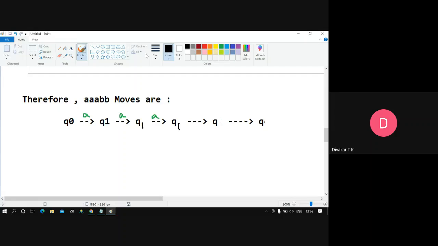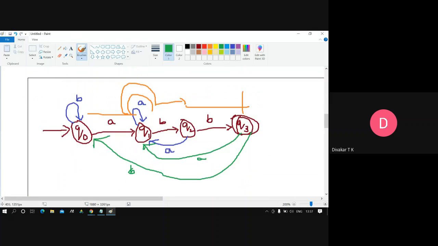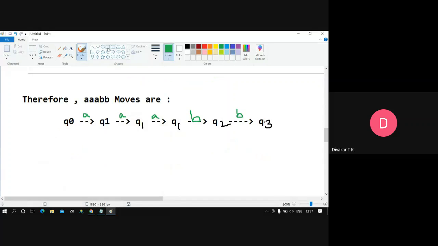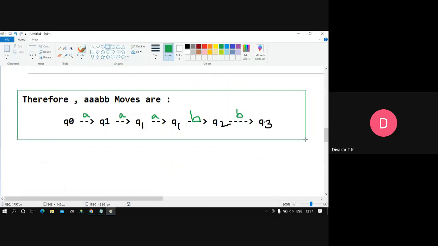That part you are supposed to understand. Now B here, also B here. See, triple A, double B, triple A, double B, that's it. So this is the solution part.